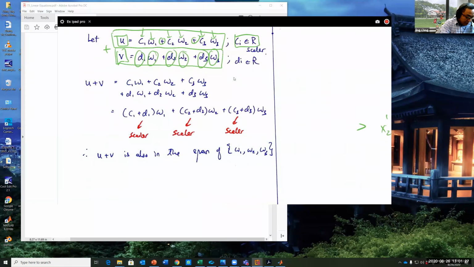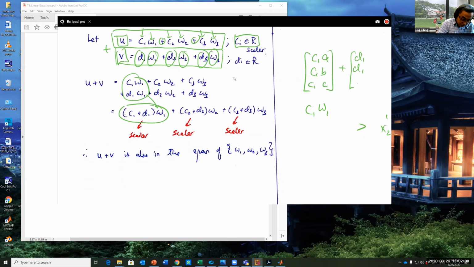Now, then it's obvious that C1 W1 plus D1 W1 can be distributed like this. So you can convince yourself, for example, you say C1, let's say, for example, A, B, C. This is C1 representing W1, plus, for example, D1, let's call this X, Y, Z. This is D1 W1.